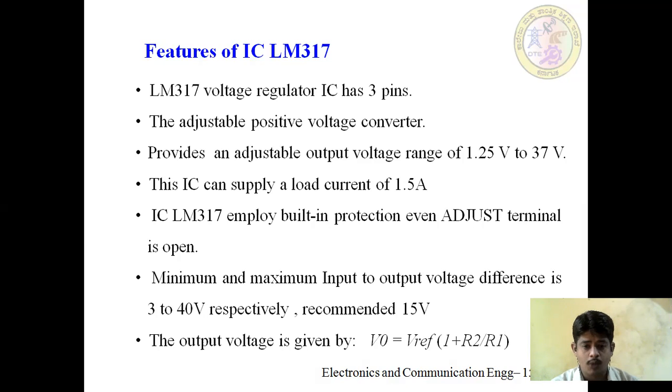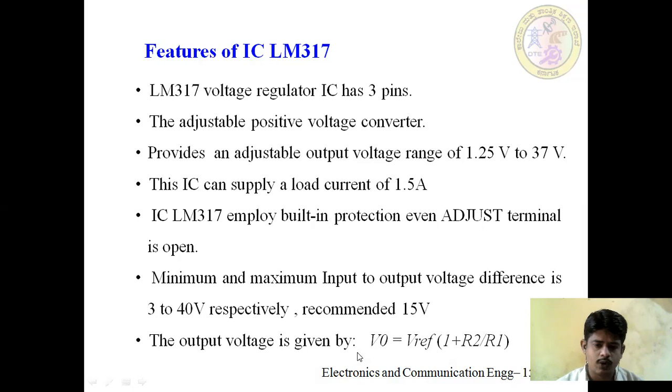Similarly, for the maximum of 40 volts, let's say the input is 45 volts and you are taking only 5 volts as output. So the voltage difference is 40 volts. This is the minimum and maximum input-output voltage difference, and normally recommended is 15 volts.